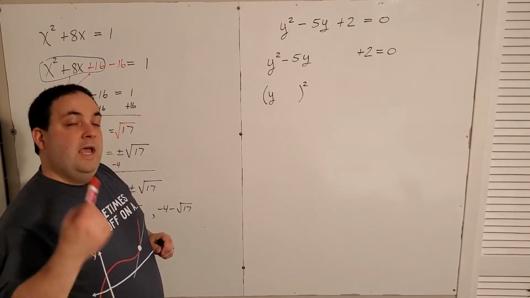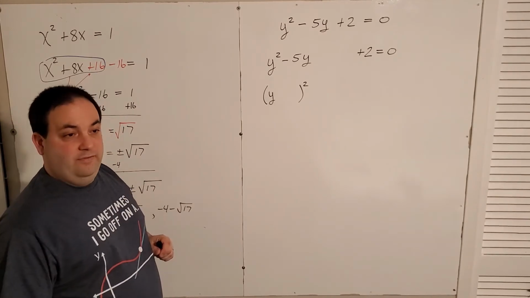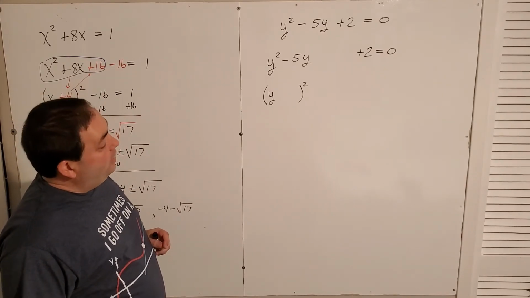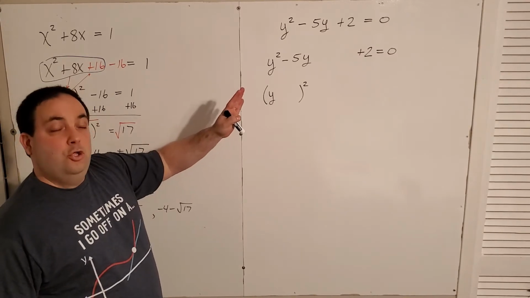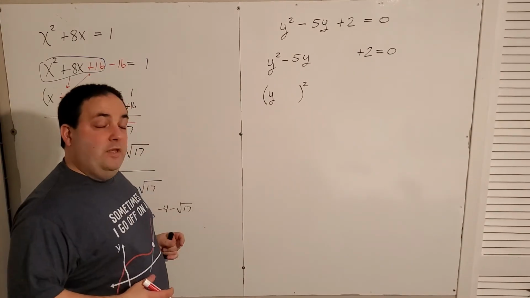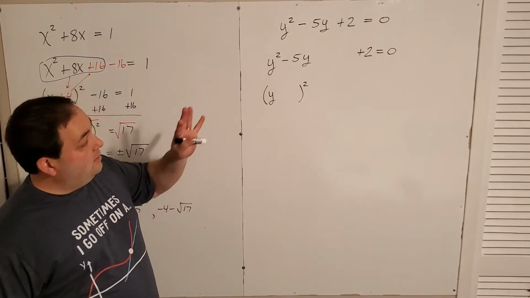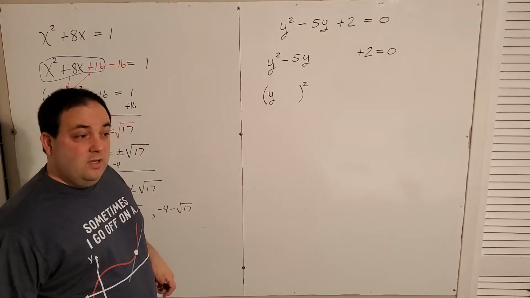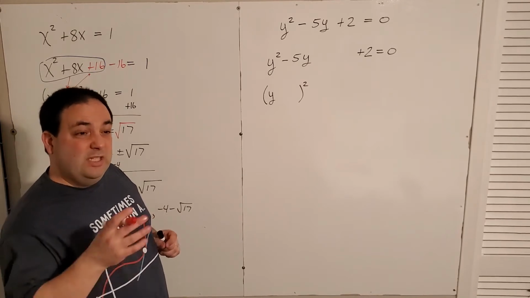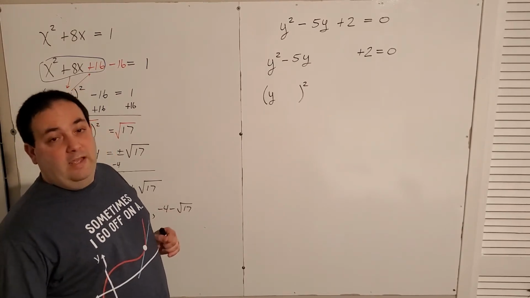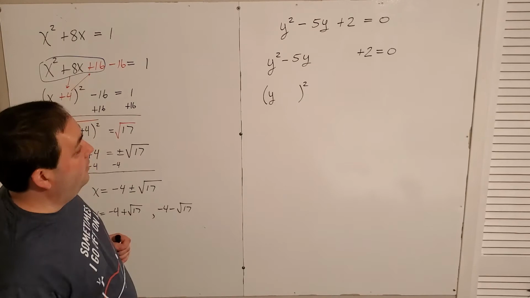I need to take half of 5. Well, one way to do that would be to use fractions. Another way would be to use decimals. I prefer fractions. The reason is because later on when we're dealing with the radicals, the fractions can be easier to deal with if you don't happen to have a calculator with you. Okay?